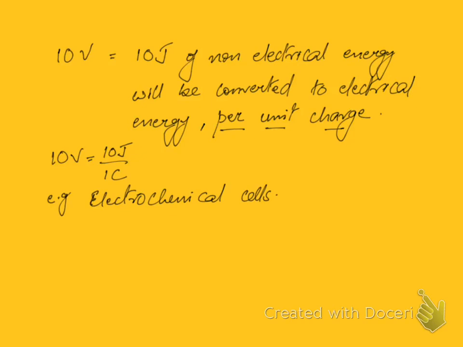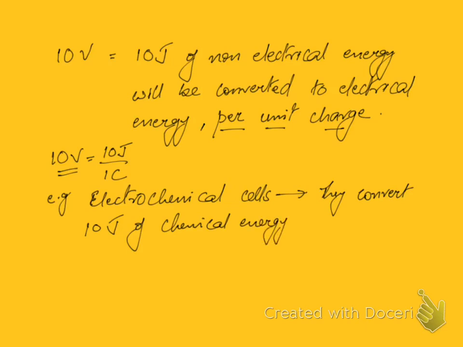When I say an electrochemical cell of 10 volt, I mean they convert 10 joules of chemical energy to electrical energy for every 1 coulomb charge.